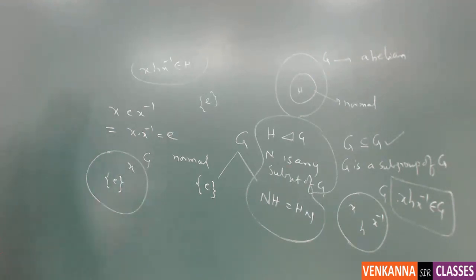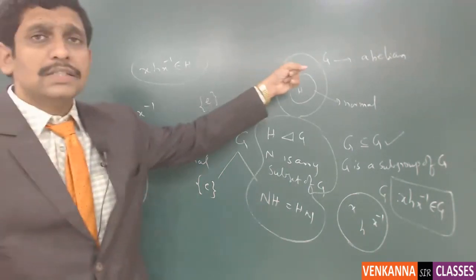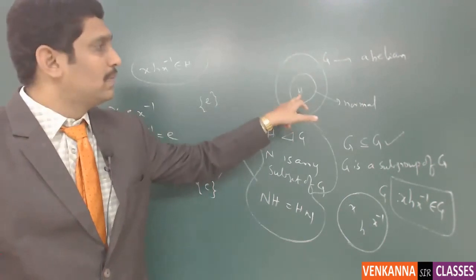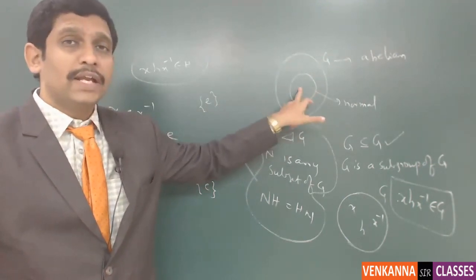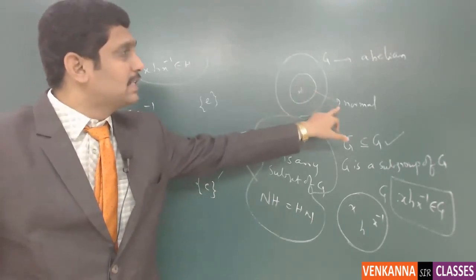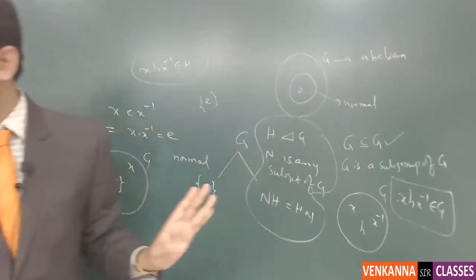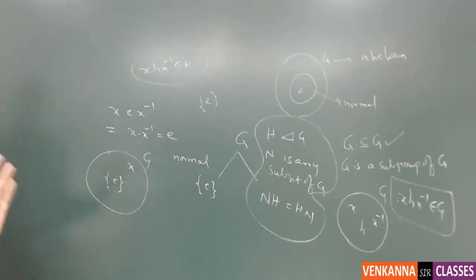So where are we? We have taken that G is an abelian group. Then if you take any subgroup H, H is nothing but a normal subgroup of G. That is the thing we need to understand here.